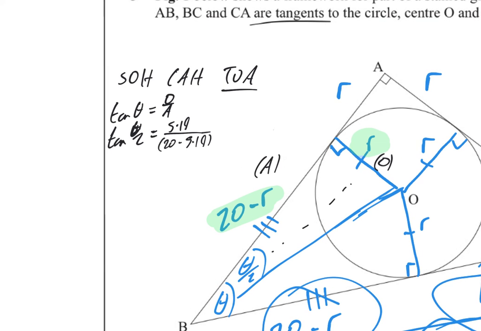Do tan to the minus 1. Now your calculator's in radians mode, of that. So tan to the minus 1, fraction button then, and put the 5.19 on the top line, and on the bottom line put 20 minus 5.19.